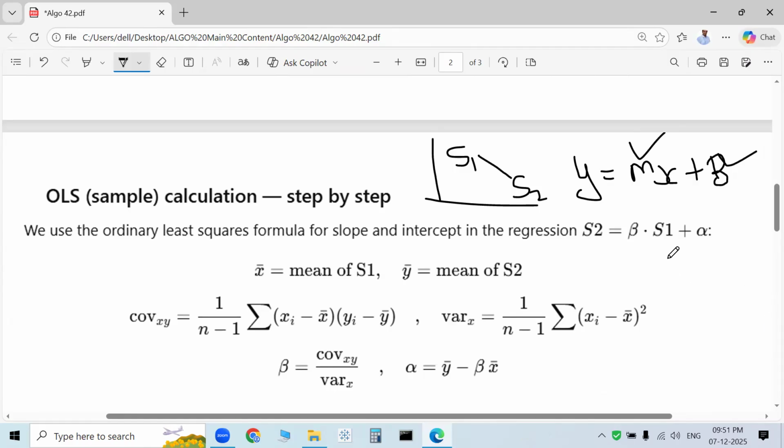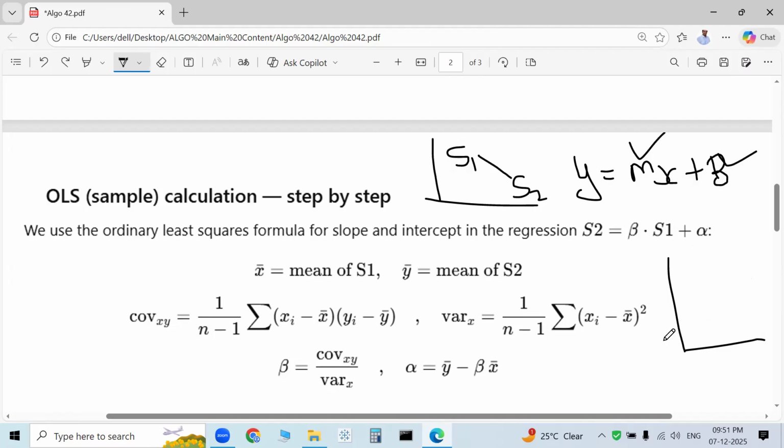Or you can consider the line like this: suppose this is stock number 2, this is stock number 1, and the slope line between both of them. We get m from the slope and bias b from the intercept of y.